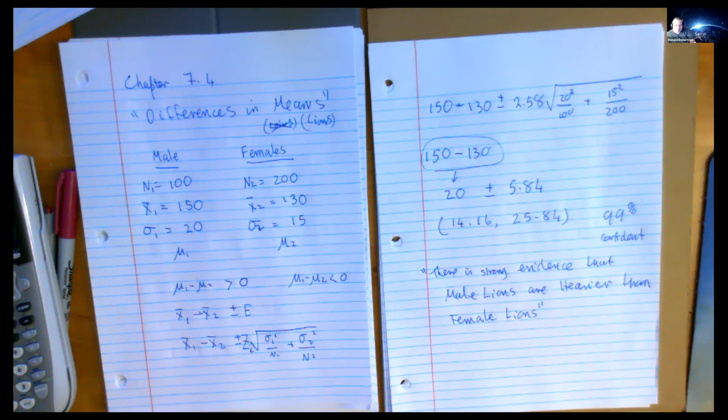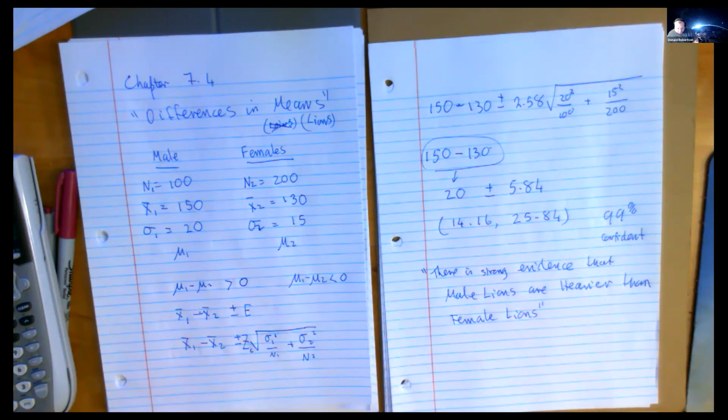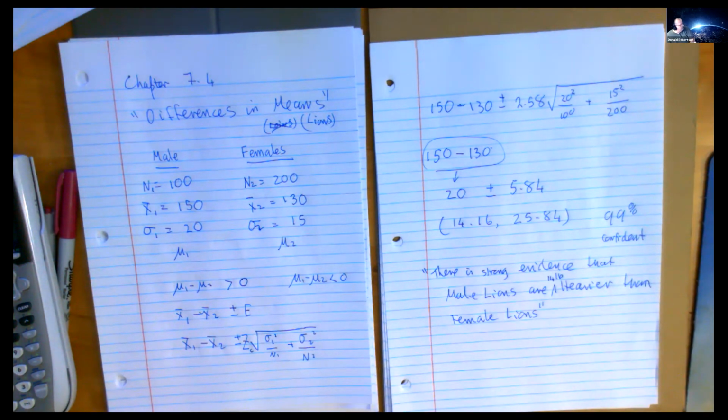I could probably get a little bit more than that. Not only is there strong evidence that male lines are heavier than female lines, wouldn't you say that there's strong evidence that male lines are 14 pounds heavier than female lines? And you might say, why 14 pounds? Do you see that number there?